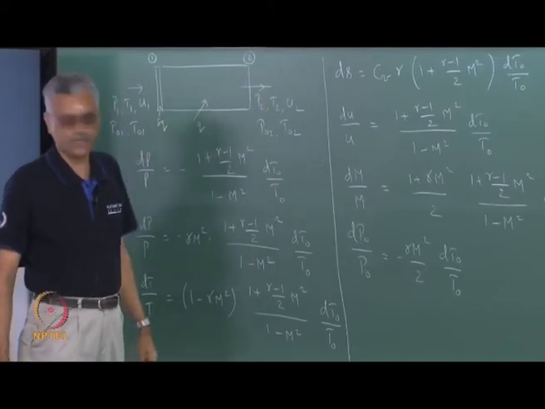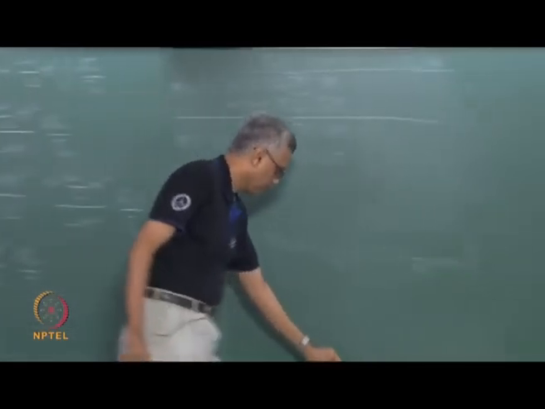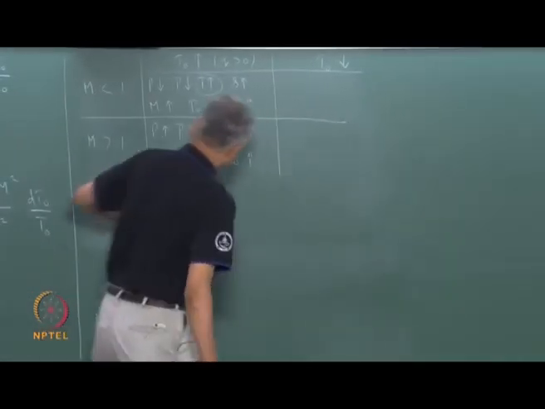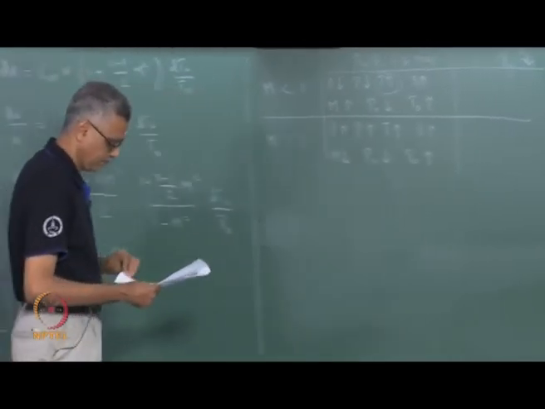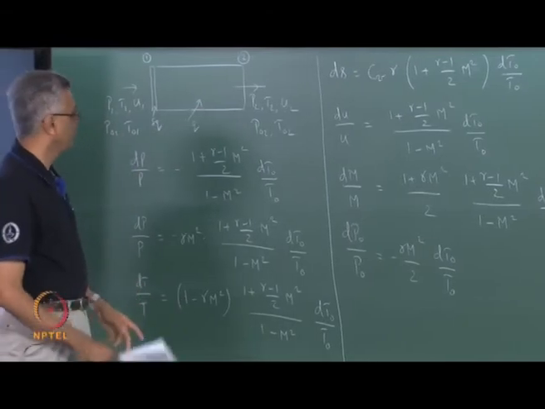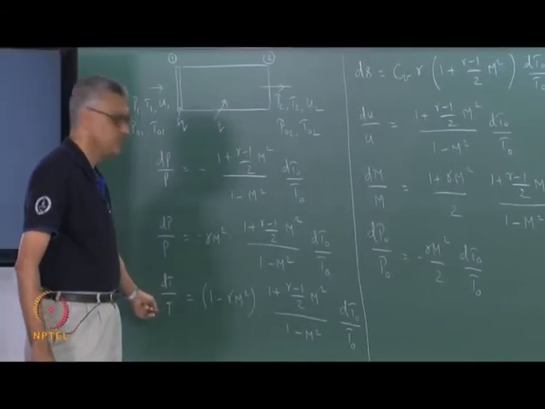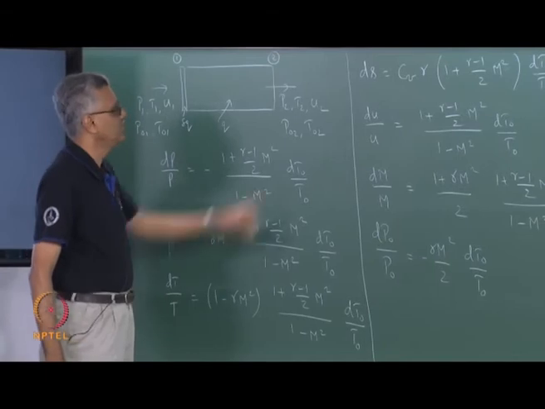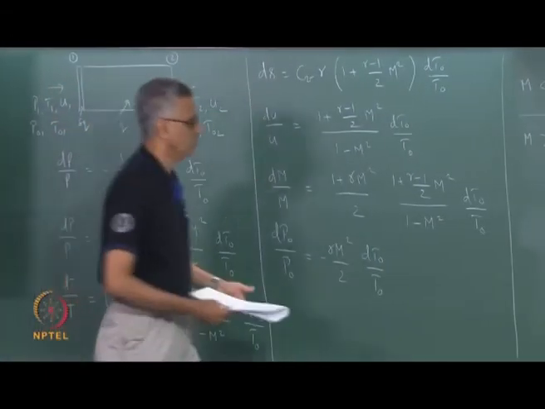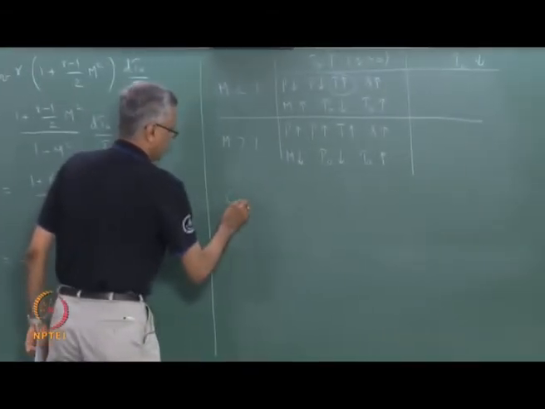That is what we are going to do next. So, just like what we did before, we are going to combine this equation dT over T and this equation for ds to get the following. Let us combine.